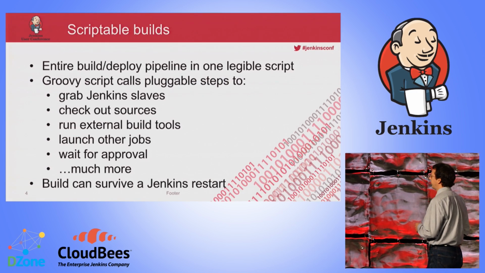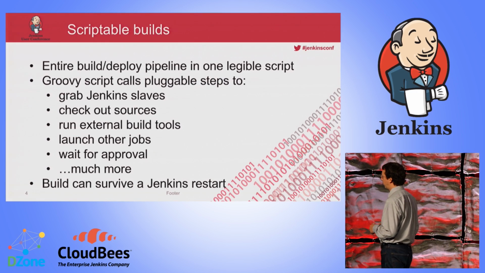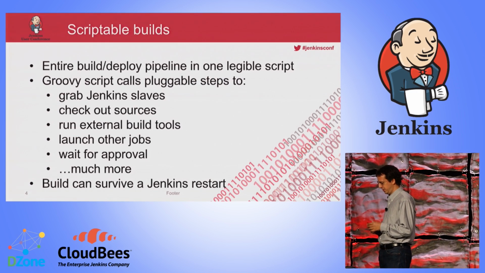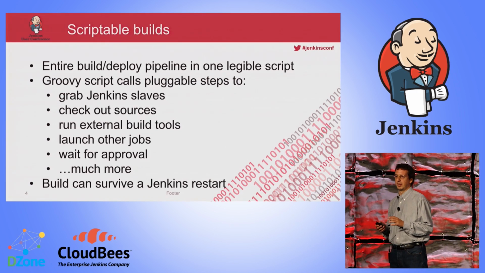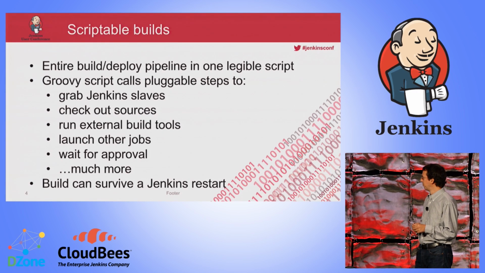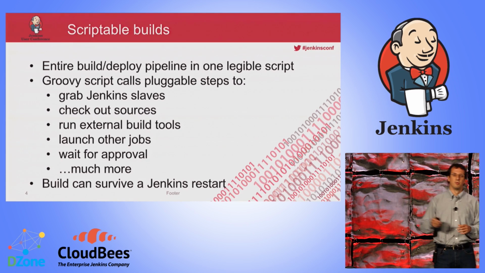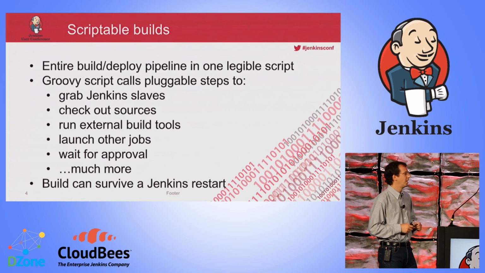So we came up with this system called Workflow, which is a set of plugins that works in modern versions of Jenkins, and your entire process of doing builds and deployment can become one script.